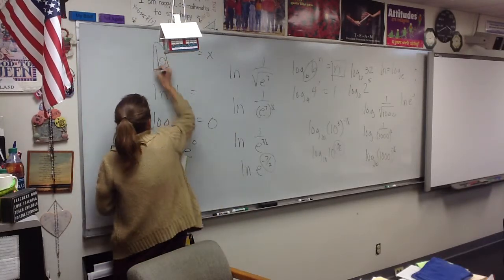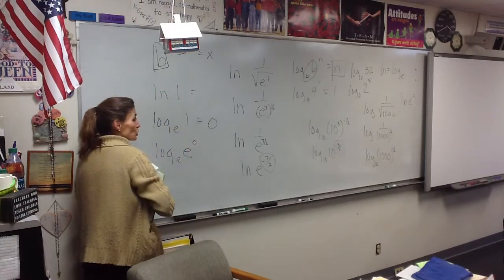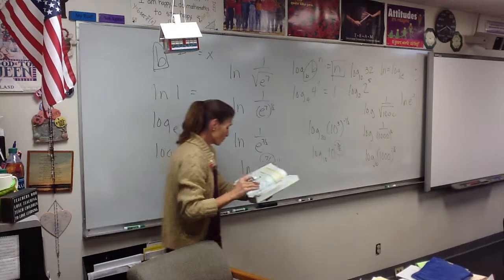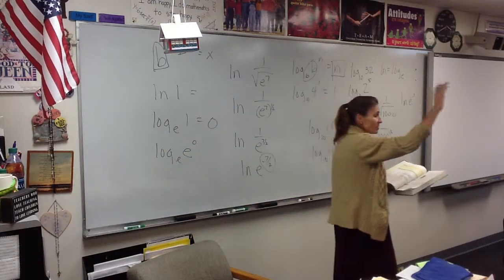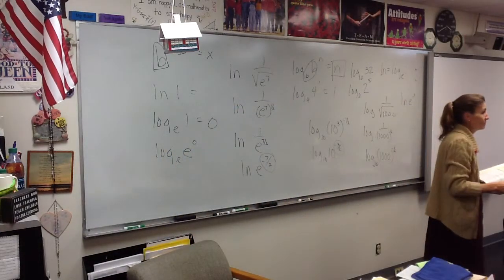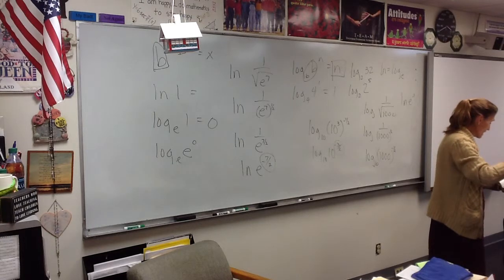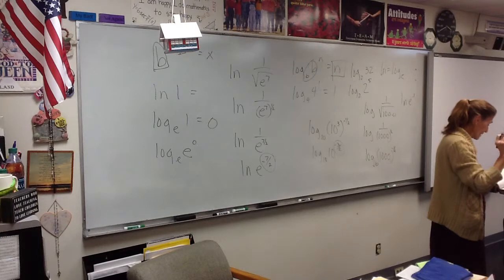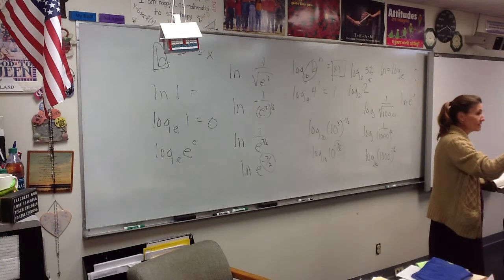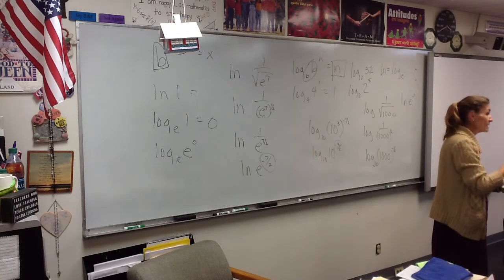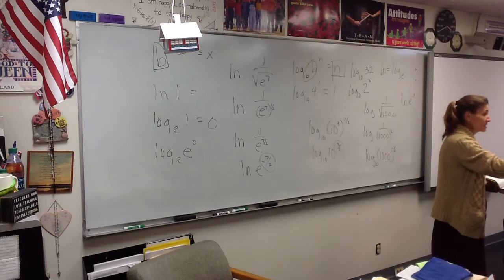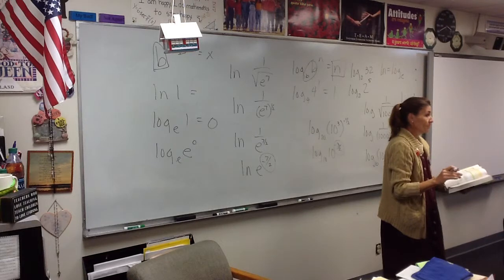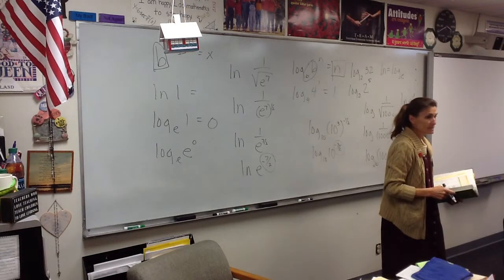When this number and this number match, that's your answer. So look at number 20. 5 to the log base 5 of 8. 8. 10 to the log base 10 of 0.5. 0.5. 10 to the log base 10 of 14. 14. e to the log base e of 6. 6. e to the log base e of 1/5. 1/5. Easy.